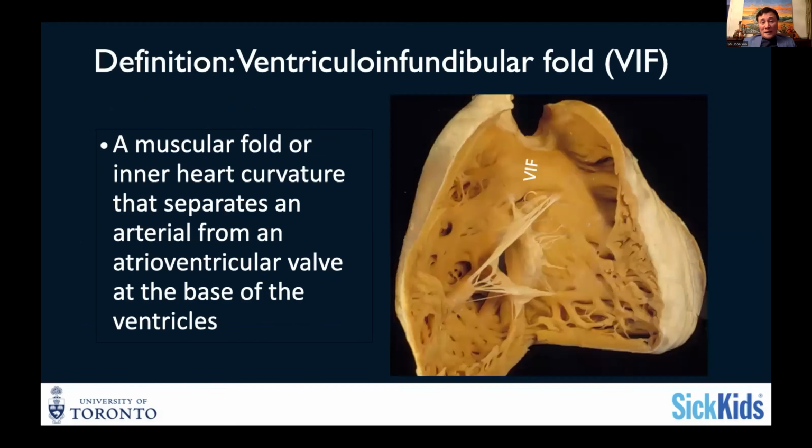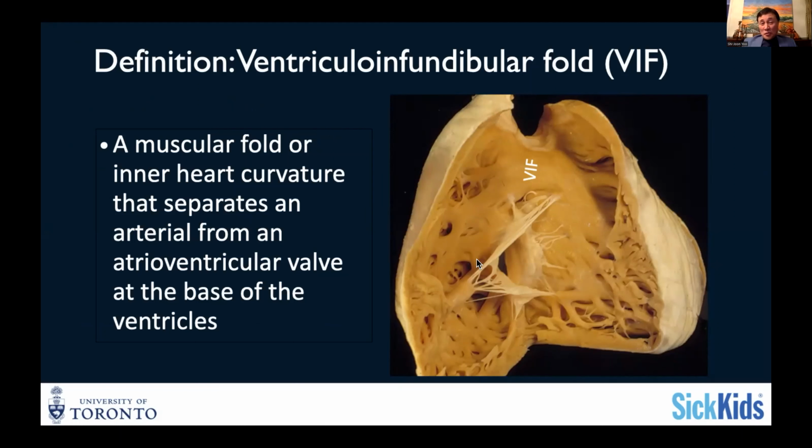And then let's talk about a couple of definitions, the terminology we use in the description of double outlet right ventricle. What is a ventricular infundibular fold? The ventricular infundibular fold, frequently abbreviated as VIF, is a muscular fold or inner heart curvature that separates an arterial valve from an atrioventricular valve at the base of the ventricle.